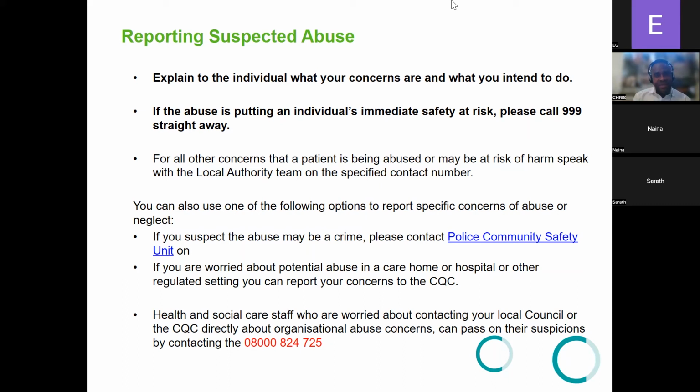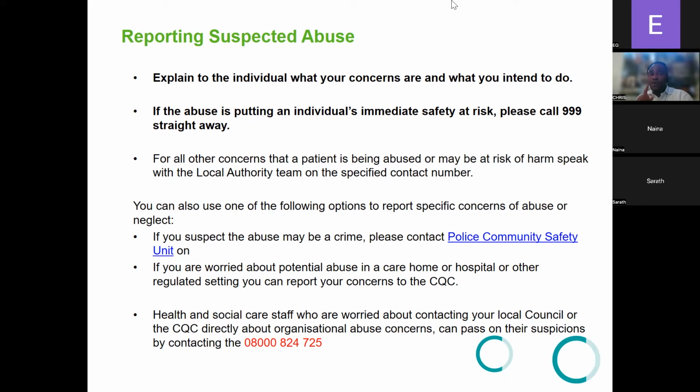That designated person will be the first point of contact. If they are not available, then the deputy lead or the designated safeguarding officers will be there. Those are the go-to persons according to the workplace policy and procedure. So you tell the person, I'm going to inform the appropriate authority about this.